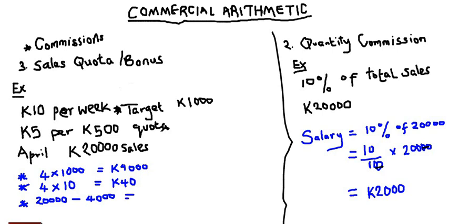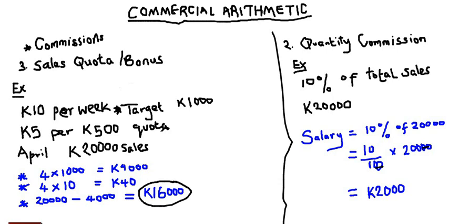So the monthly target of 4,000 kwacha, we remove it from 20,000 total sales, we remain with 16,000. Okay, so this 16,000 is the extra that was collected, and every 500 kwacha of this 16,000, we are getting 5 kwacha as an extra payment.